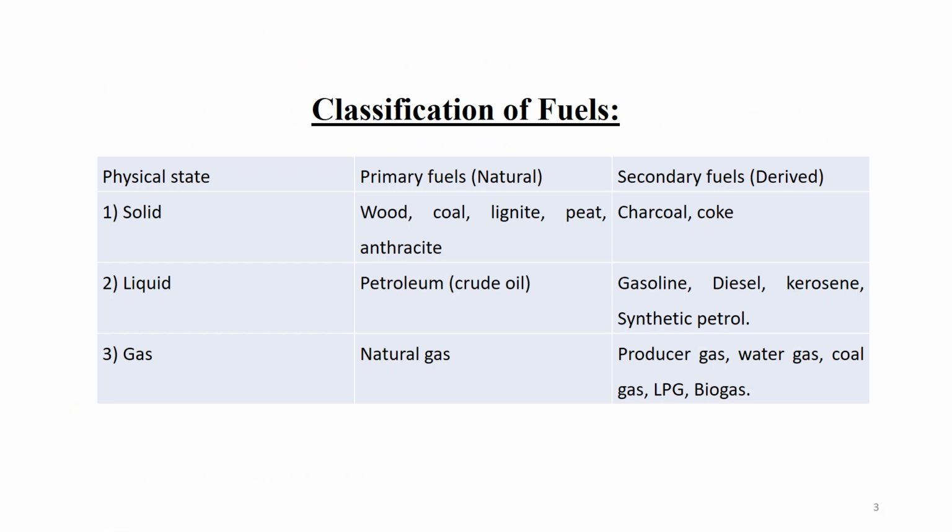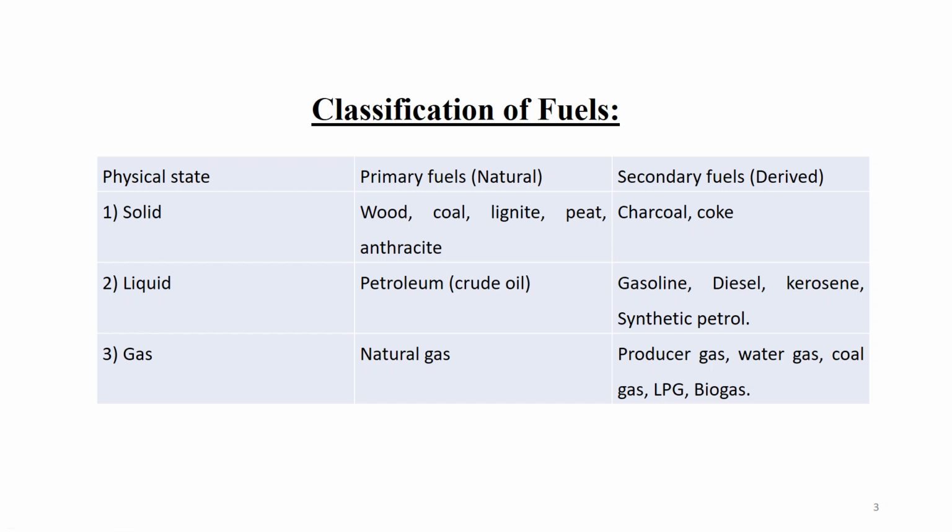How do we classify chemical fuels? Based on their physical state, it can be classified into three types: solid chemical fuel, liquid chemical fuel, and gaseous chemical fuel. Now, we can also classify into primary fuels and secondary fuels. What do you mean by primary fuel?